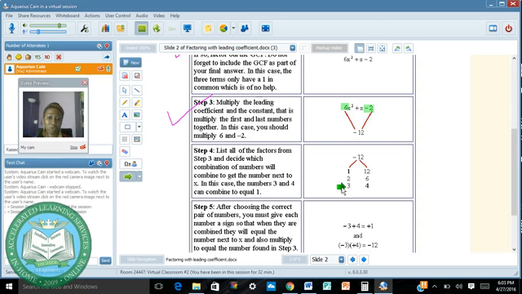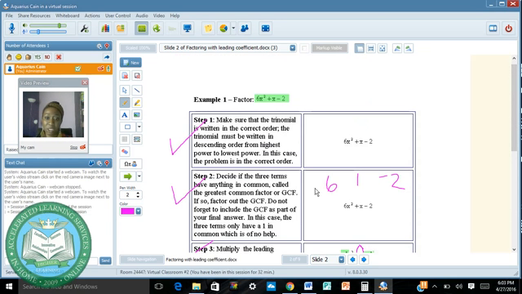What we want to do is decide which combination will combine to get the number next to x. The number that's next to x is going to be a +1, because if we go back up, I pulled out all of my numbers here: 6, a 1, and a -2.